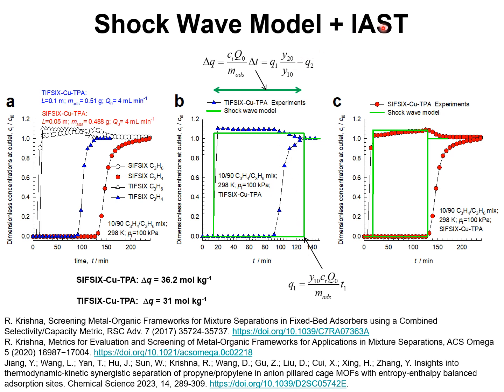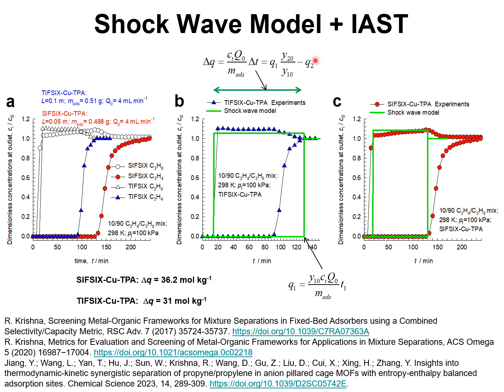From the IAST, for calculations for a feed mixture with mole fractions y10 and y20 at the inlet. In this case, we have y10 equals 0.1 and y20 equals 0.9.